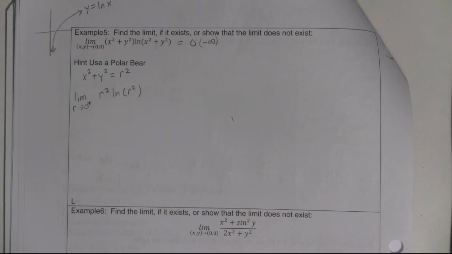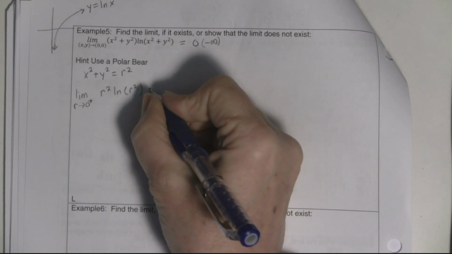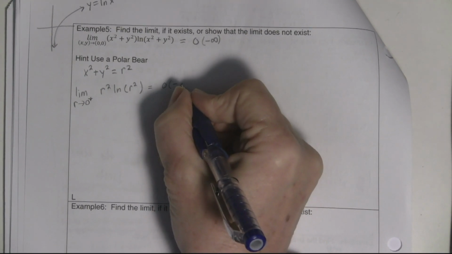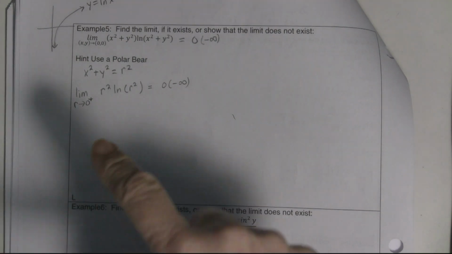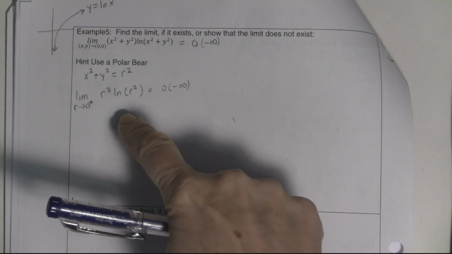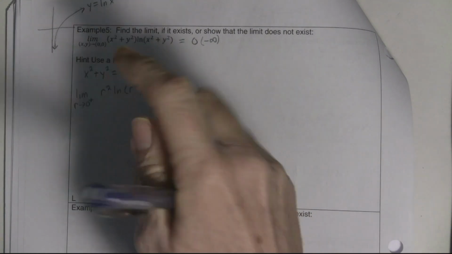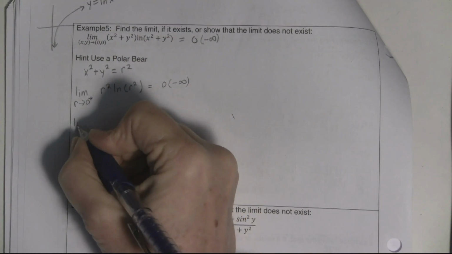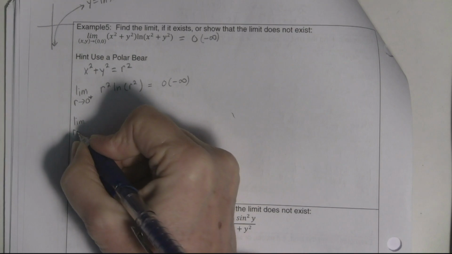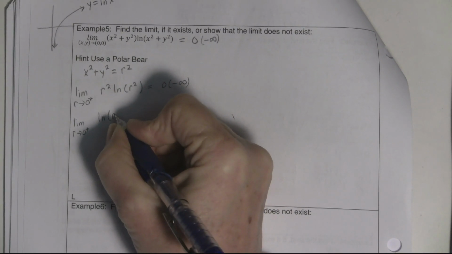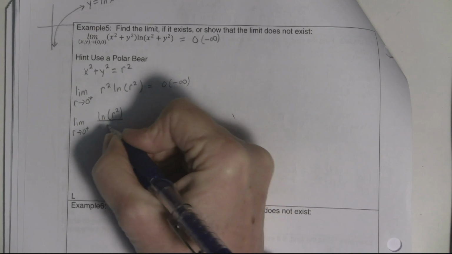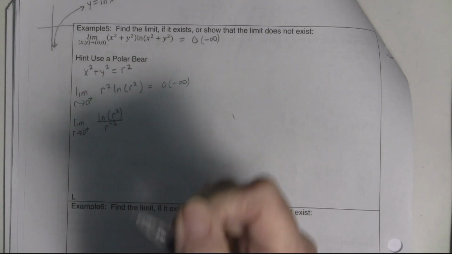Okay, so now we still have that indeterminate form, but now we're going to be able to do some things. You probably remember that you can put that in the denominator. So this is the limit as r goes to 0 from the positive side of the natural log of r squared divided by r to the negative 2.